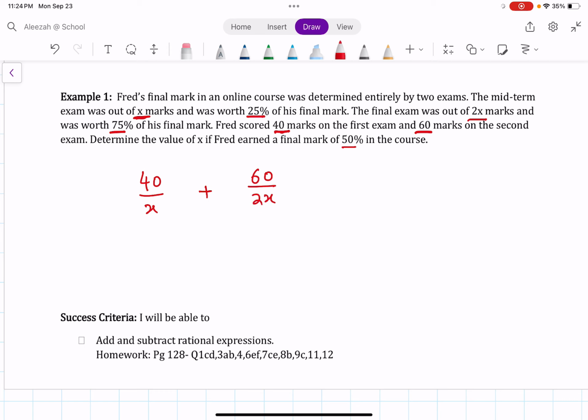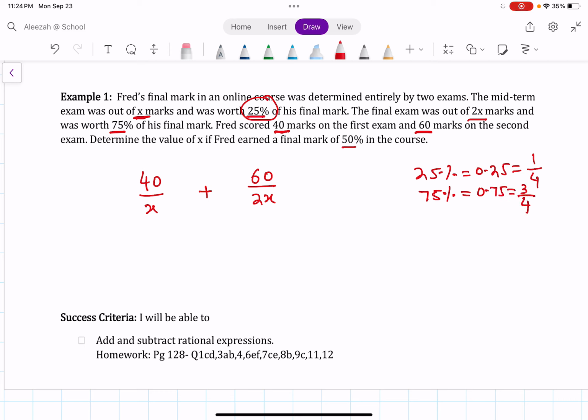And now just look at the first exam worth 25%. 25% means 0.25, or I can write 1/4. The second exam is worth 75%. 75% means 0.75, or I can write 3/4, right?